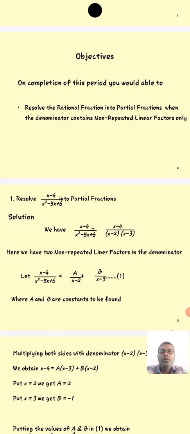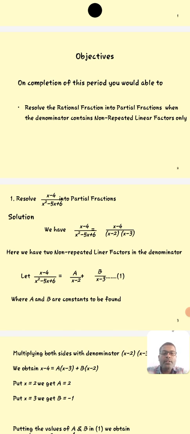On completion of this period, you would be able to resolve rational fractions into partial fractions when the denominator contains non-repeated linear factors only. So here we discuss the first method.